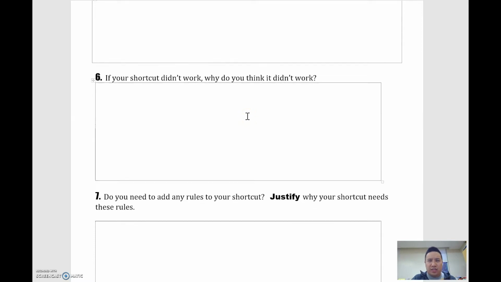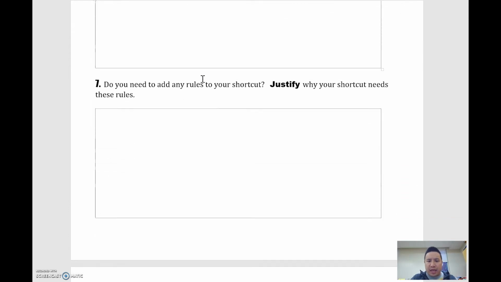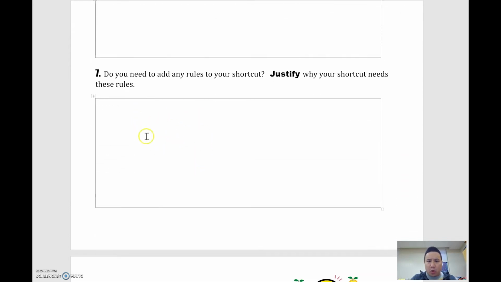So you say, I think the little hiccup is that there's this thing that's going on. Now, going back to those steps you gave for using your shortcut, do you need to add any rules to it? Are there any restrictions you have to include? You would put that down in here.